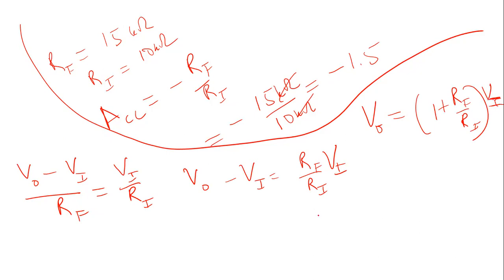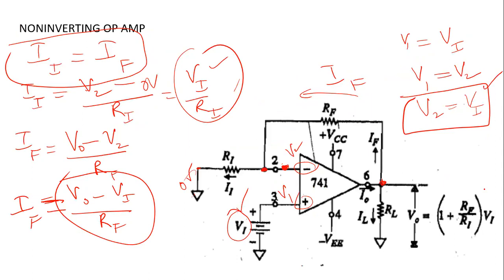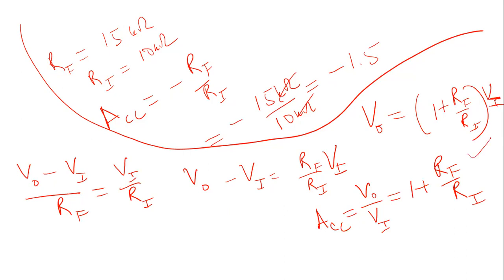So your closed loop gain in this configuration, output voltage upon input voltage, equals 1 plus RF upon RI. That is the non-inverting op-amp configuration: when you feed your input signal to the non-inverting input, the closed loop gain is 1 plus RF upon RI.